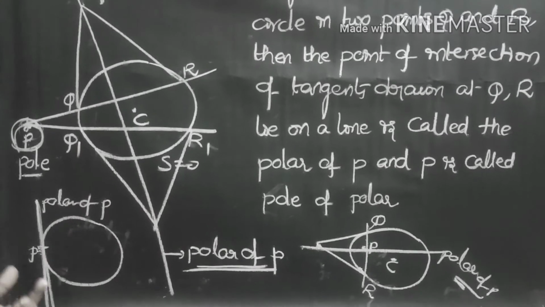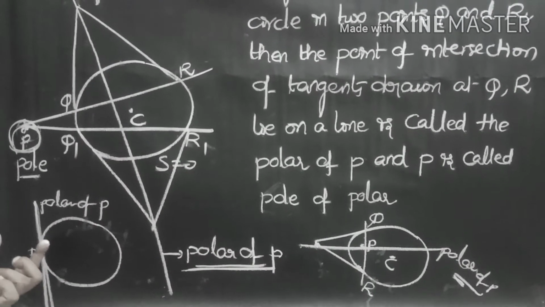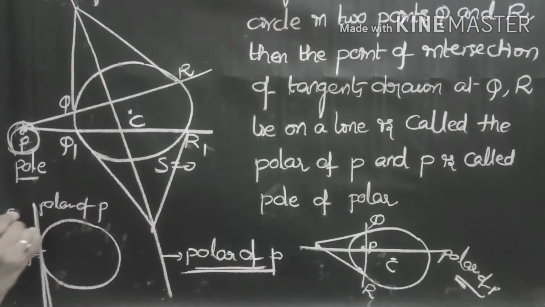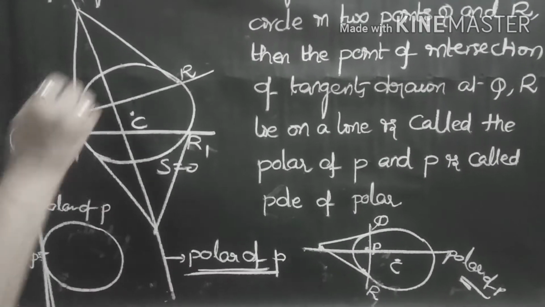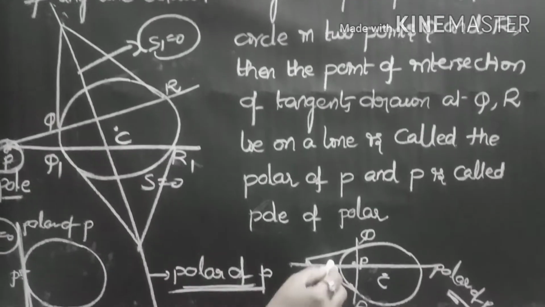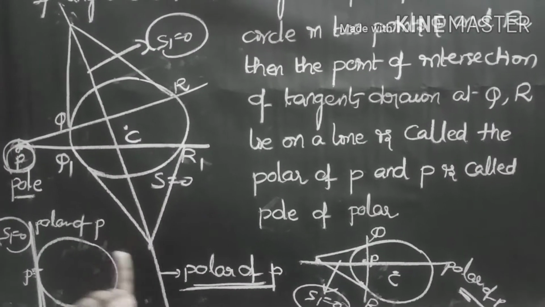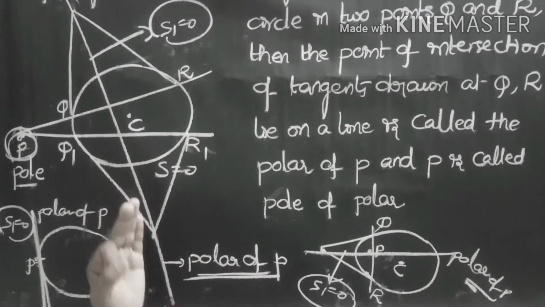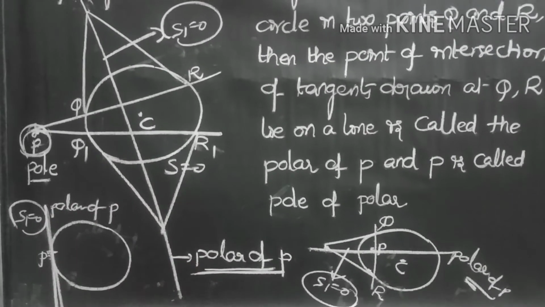The equation of chord of contact is S1 equals 0, the equation of polar of P is S1 equals 0, and the equation of tangent is S1 equals 0. Here also, the equation of polar of P is S1 equals 0. All the three lines have the same equation as the formula.